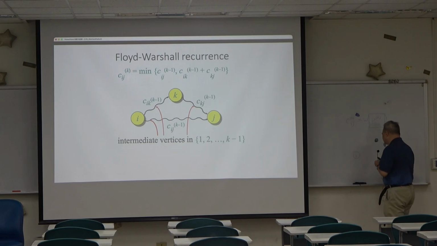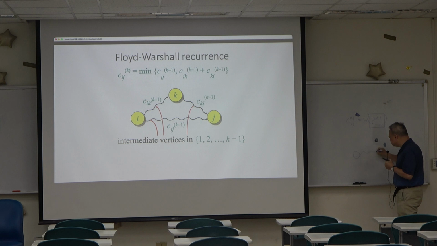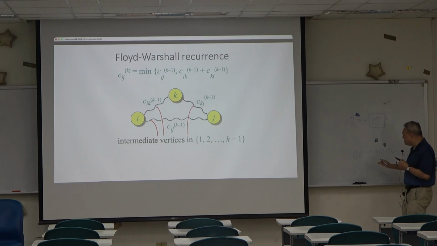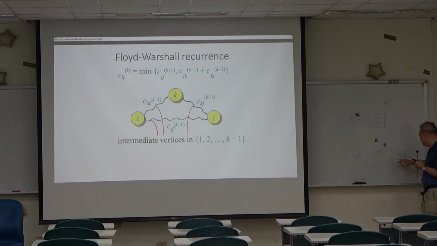Say we have a shortest path from node i to node j that makes use of the node k.